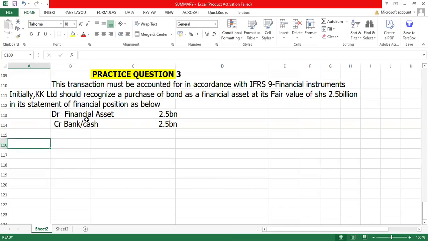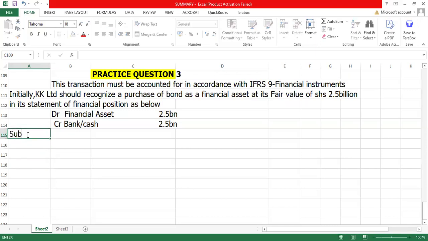If there is a transaction cost, please add that transaction cost to this value, as long as you're holding this to receive the contractual cash flows at the end of the maturity period, or if you're using the fair value method, like fair value through profit or loss or fair value through OCI, which we talked about yesterday.